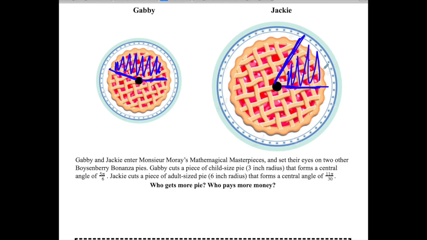So think about what we just did and turn back to the Avery and Hadley example if you need to. Thinking about the fact that this is a 3-incher, this is 3 inches, this is a 6-incher, 6 inches.